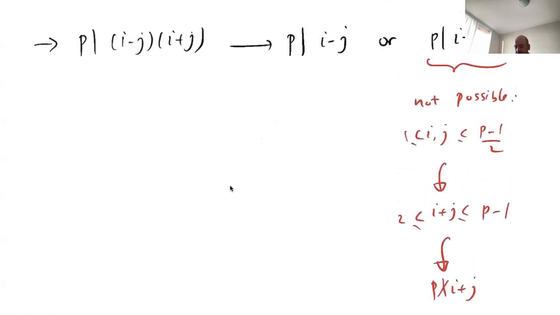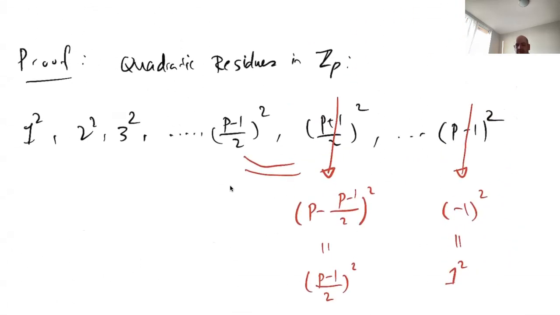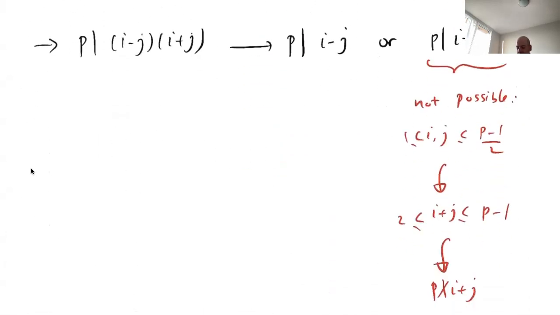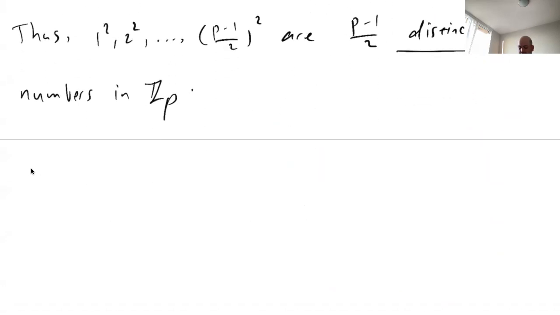Why? Because remember that the next (p minus 1)/2 numbers are the same as the first (p minus 1)/2 quadratic residues. So these are all distinct, and these are all the same as these ones. So in total, I have (p minus 1)/2 distinct quadratic residues in Zp.